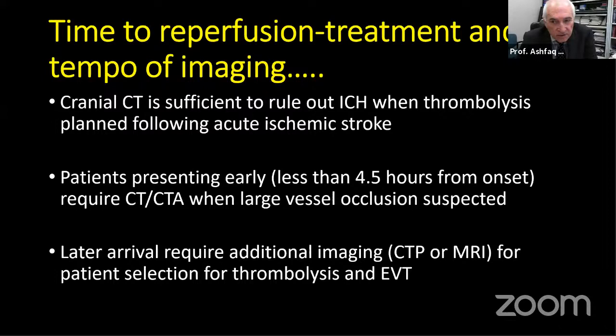Most of this in our patients is done in the CT scanner. If they're under 4.5 hours, we always do a CT angio to look for arterial occlusion and to see whether these patients are candidates for thrombectomy or not. But we don't wait for that. So as soon as the plain CT scan is done, the IV TPA infusion is running. If the patient has a stroke which is more than 4.5 hours in duration, we go into CT perfusion, and I'll give you examples of that.